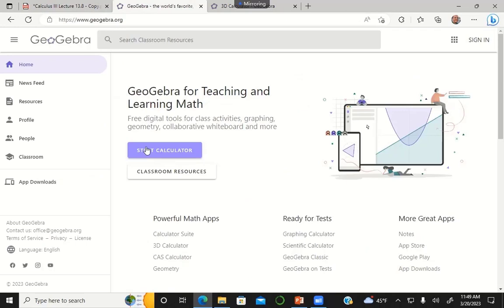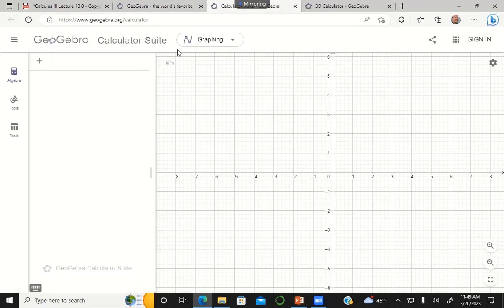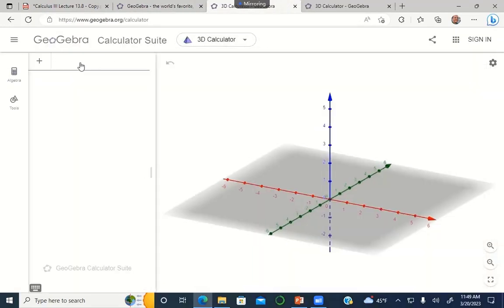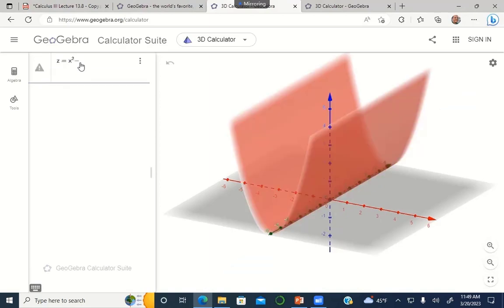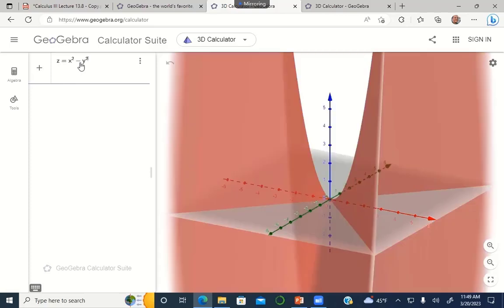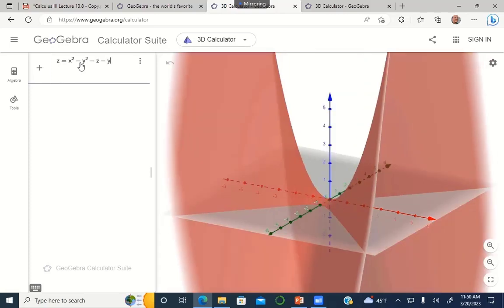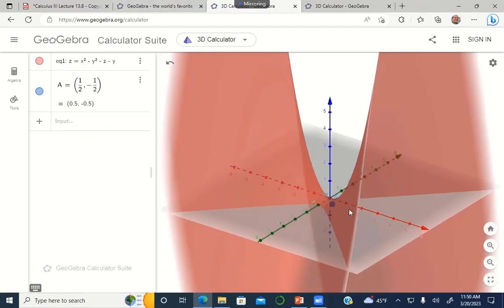Let me graph this really quick and then we'll call it a day. If I do z equals x squared minus y squared minus x minus y, then the critical point we found was half, negative half.